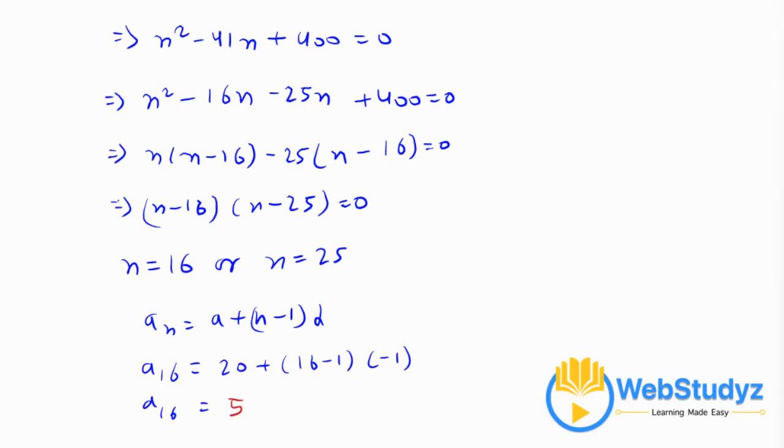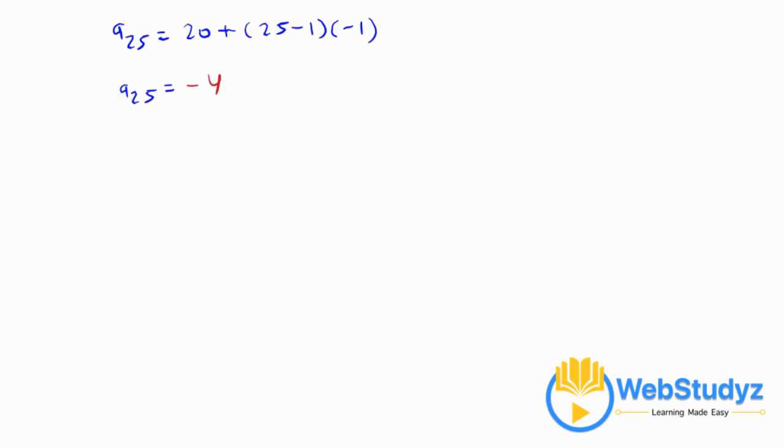Similarly, we can calculate the 25th term, which is a25, equal to 20 plus 25 minus 1 into minus 1.